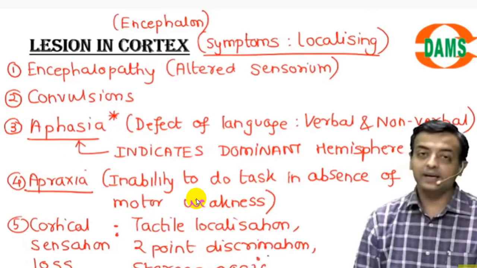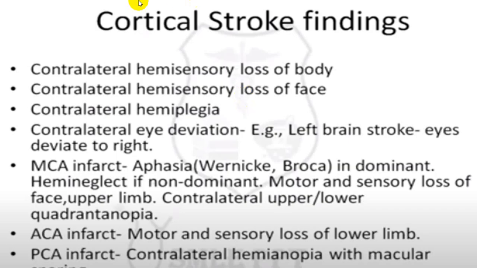So that will be the portion. Almost we have covered this particular part, lesions in the cortex. So contralateral hemisensory loss may be one of the findings in a stroke, particularly if there is an MCA territory, and we call it the superior territory, superior branch.